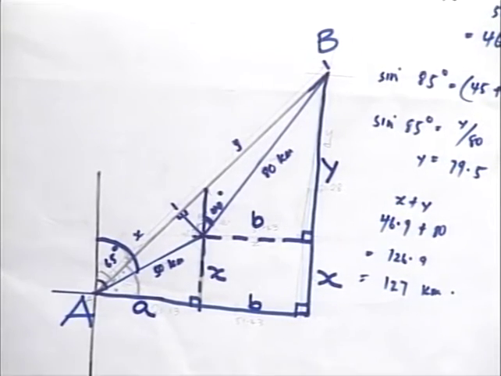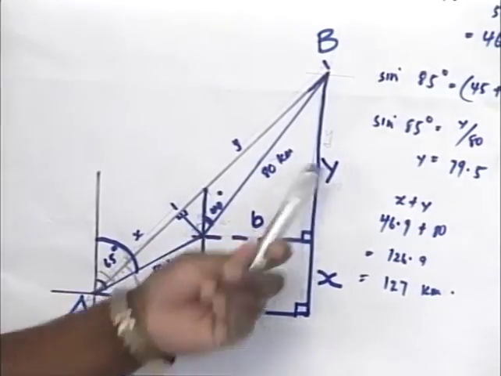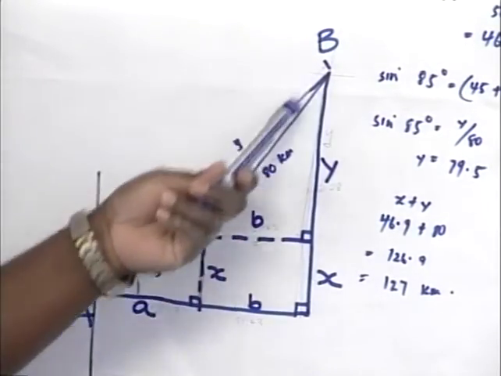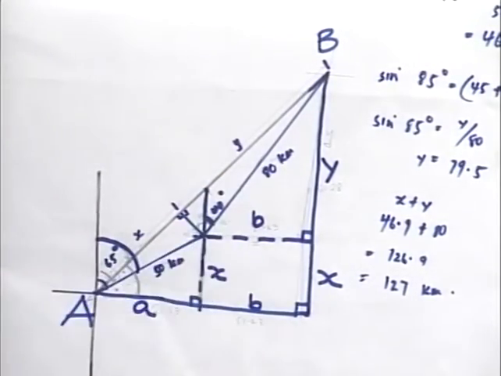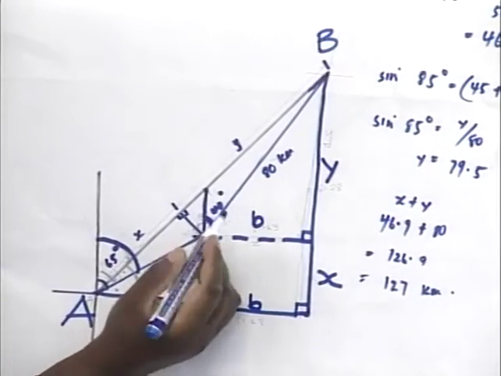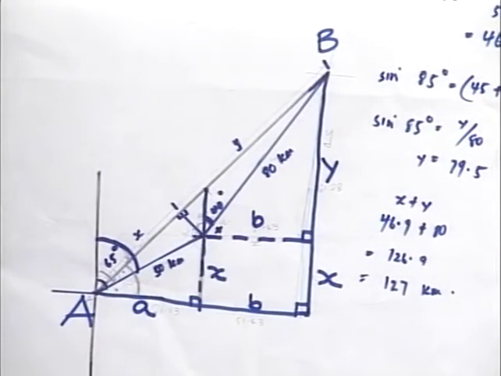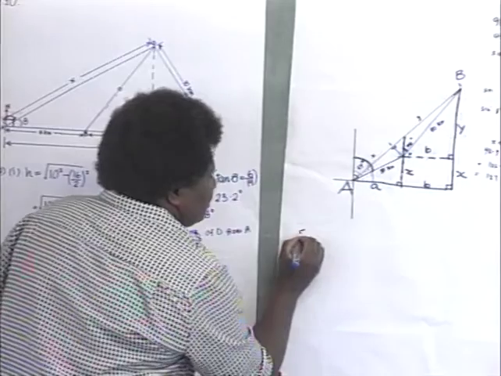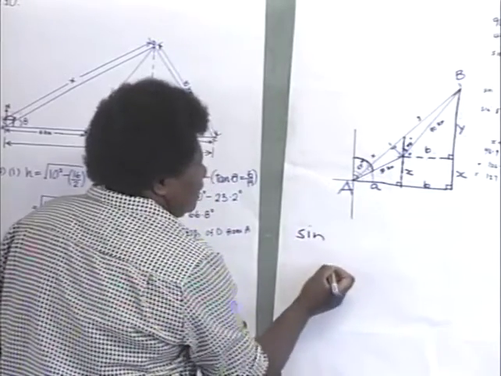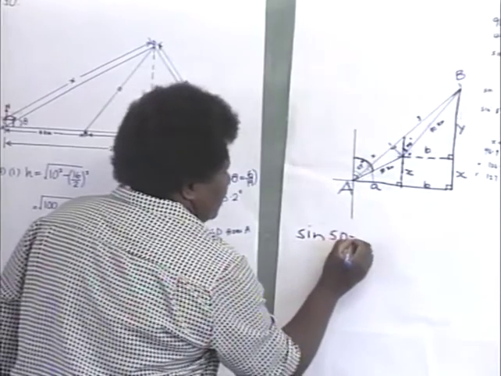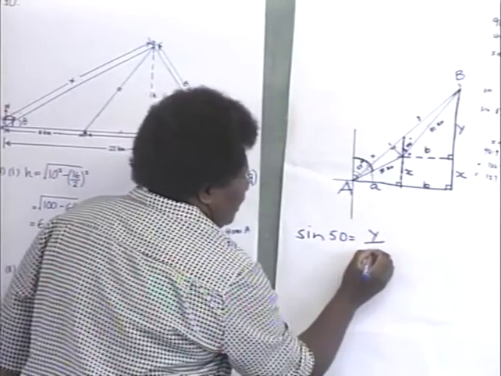So to find y, I know that this is the hypotenuse of the triangle, it's 80 kilometers, and if this bearing here is 40, this angle is 50 degrees. So I am going to use sine of 50 degrees.